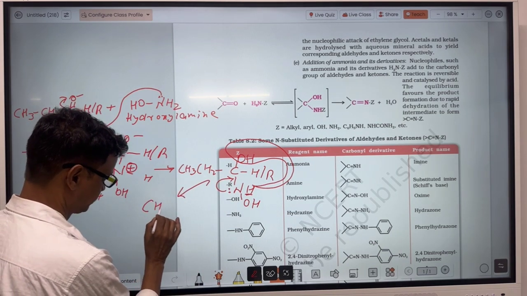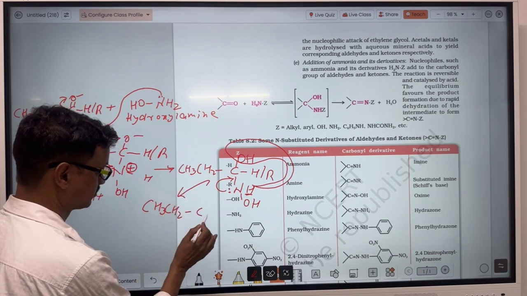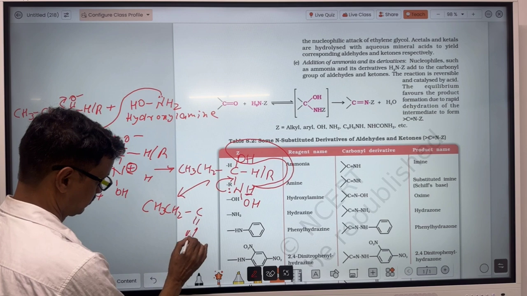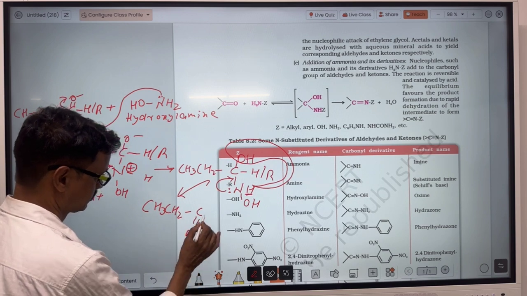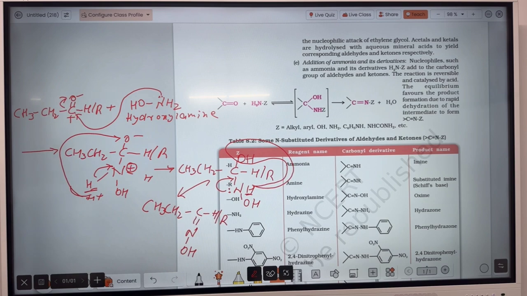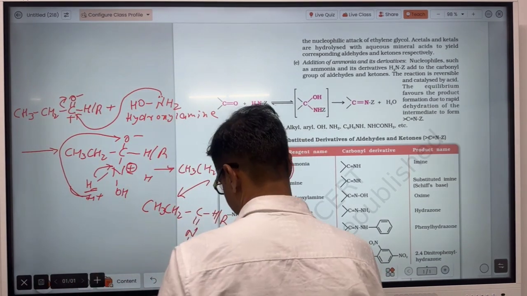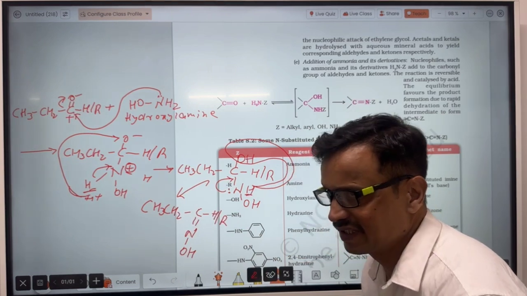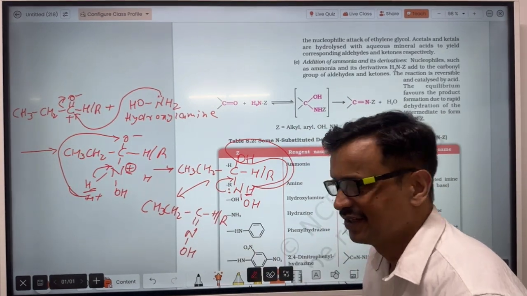So what will be there? This nitrogen is doing double bond formation with the carbon, and OH is here.